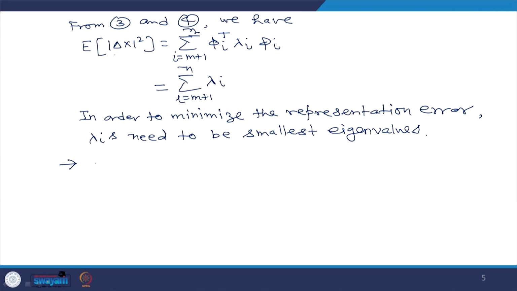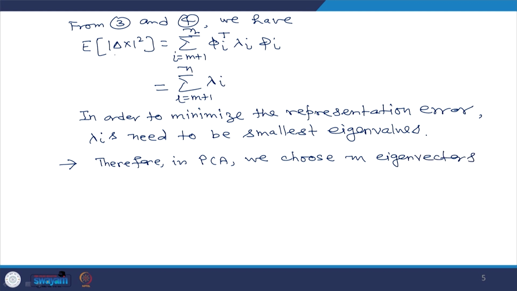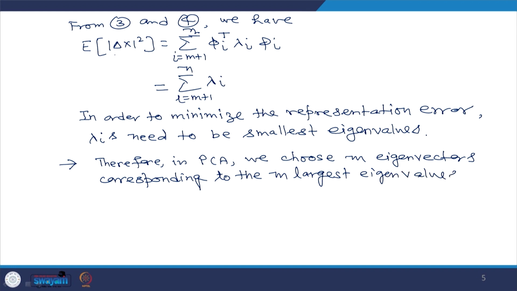So, what we conclude from this derivation? Therefore, in PCA we choose m eigenvectors corresponding to the m largest eigenvalues lambda i of the covariance matrix sigma x as the principal directions.